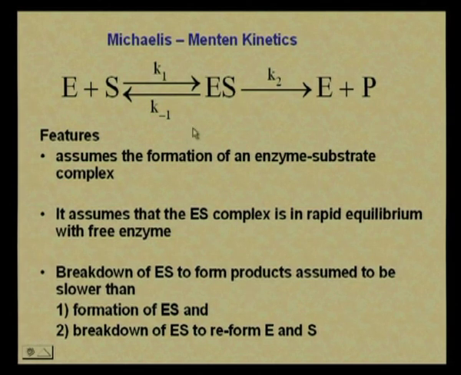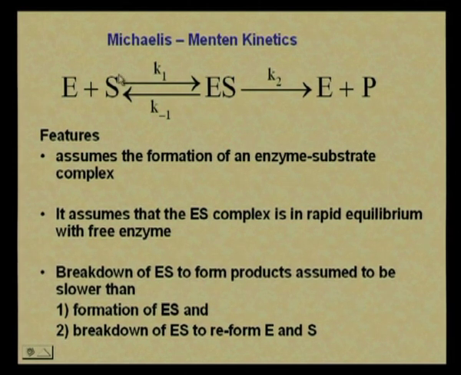So, what are the features of these? The features of kinetics considered by Michaelis Menten is that the formation of an enzyme substrate complex occurs. It assumes that this enzyme substrate complex is in rapid equilibrium with the free enzyme.